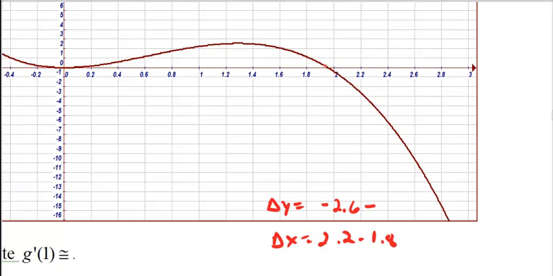And then this one is 1.1, 1.2 maybe. And so that's -3.8. So -3.8 over this, remember this is 0.4. That's the slope, delta y over delta x. And so we can work that out. That's 0.9.